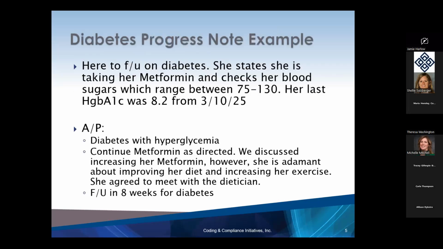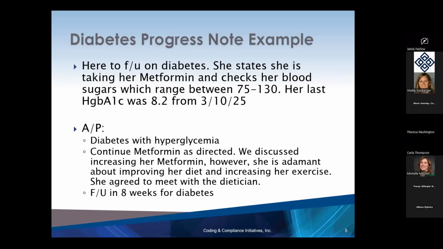So when we're looking at some documentation, we want to make sure that when you document your note, the documentation supports through that note the MEAT. So is it monitored? Is it evaluated? Is it assessed? And is it treated?